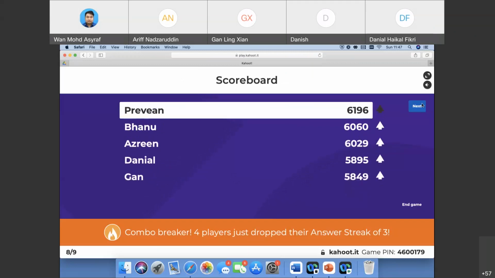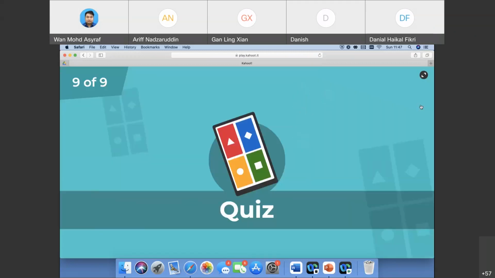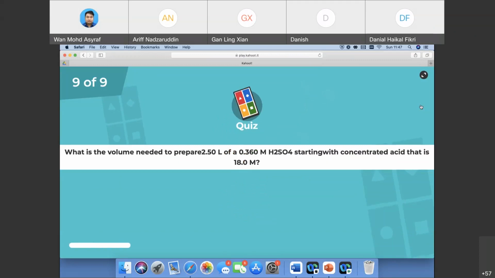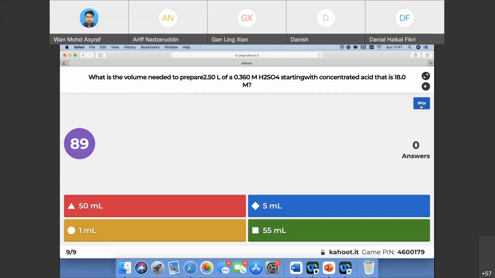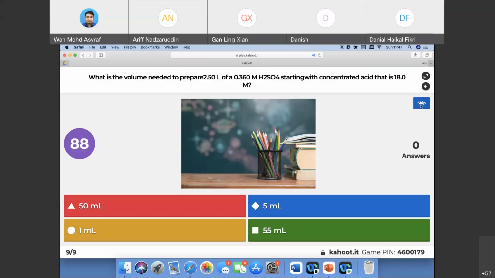Okay, the next question, I think is the last question. Okay, this is a quiz. What is the volume needed to prepare 2.5 liter of 0.36 sodium hydroxide? Sorry, starting with concentrated acid that is 18 molar. This is a question of M1, V1, M2, V2.